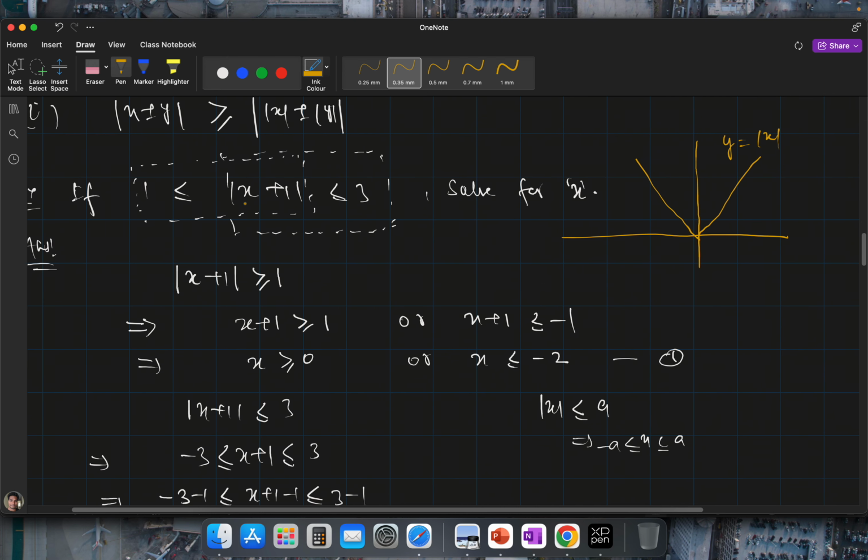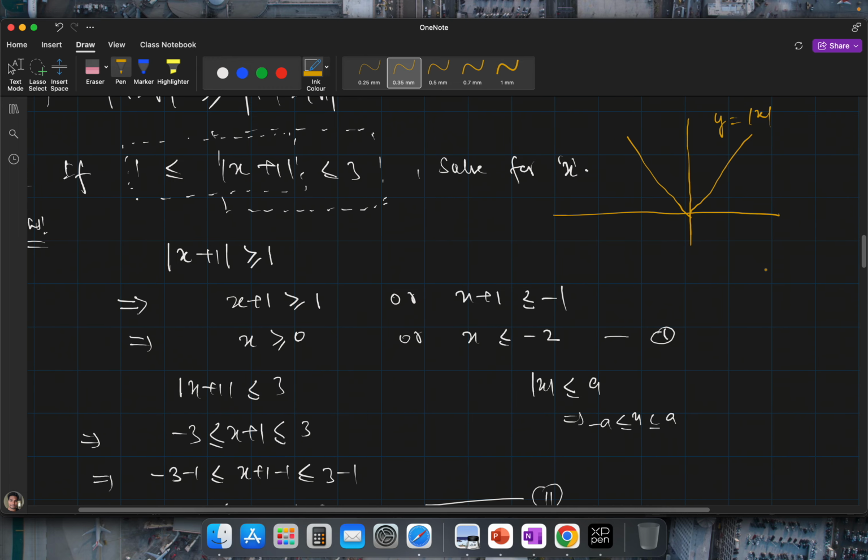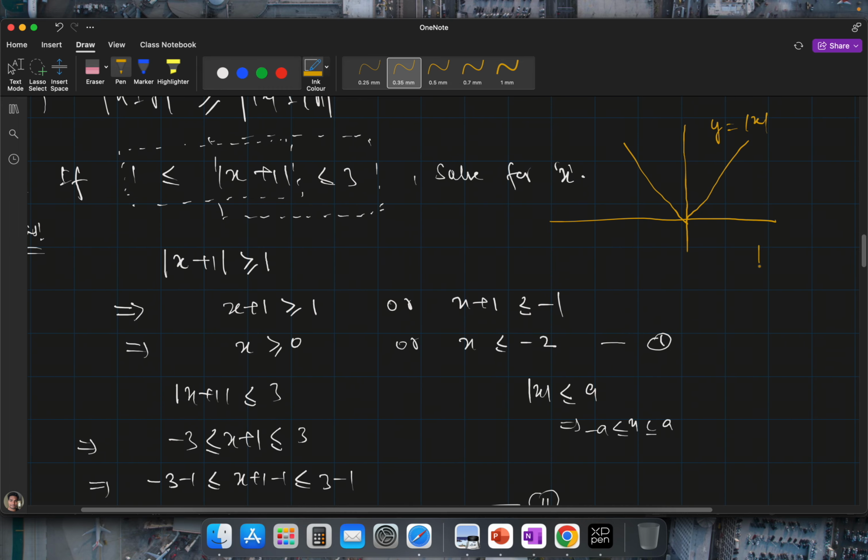Now I need mod of x plus 1. What will happen then in that case? What will happen if I want to draw mod of x plus 1?